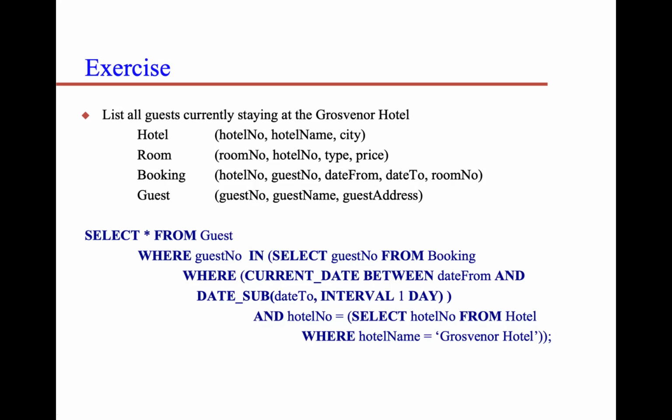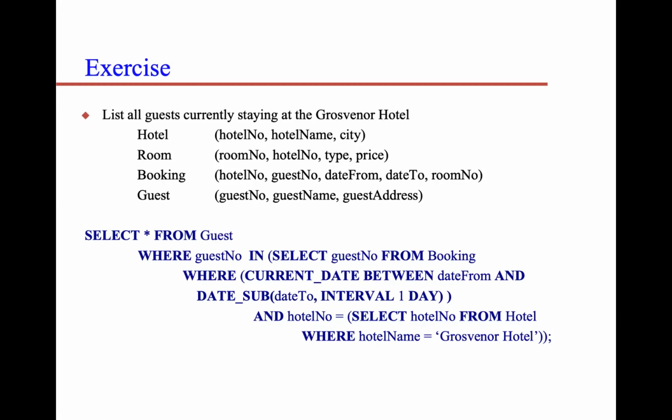So you actually have to subtract 1 from the date. Here's the way you can do it. Date sub, and you say date 2, comma, interval 1 day. And that will subtract 1 day from date 2. We're going to get to date sub in a moment, so I just wanted to point that out.